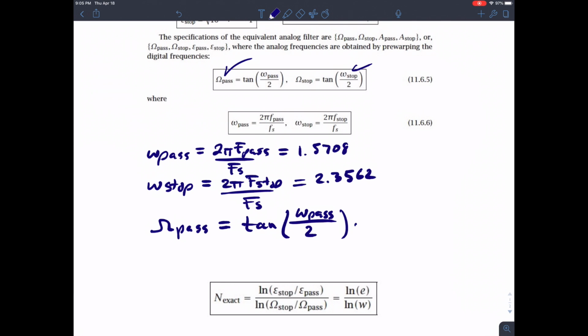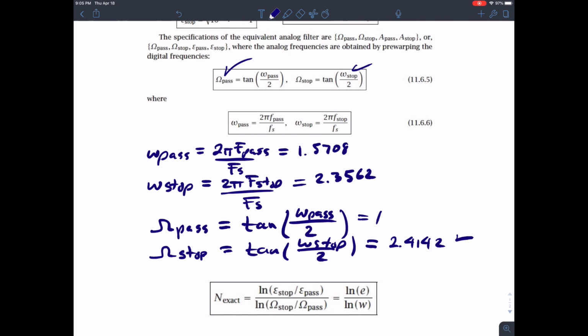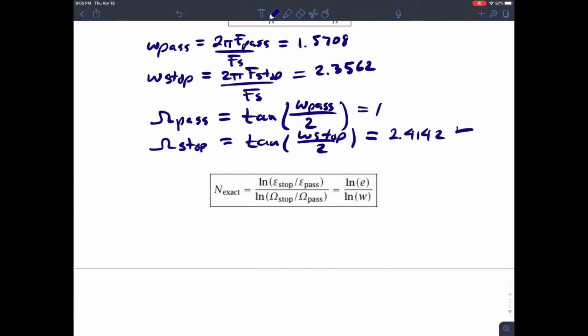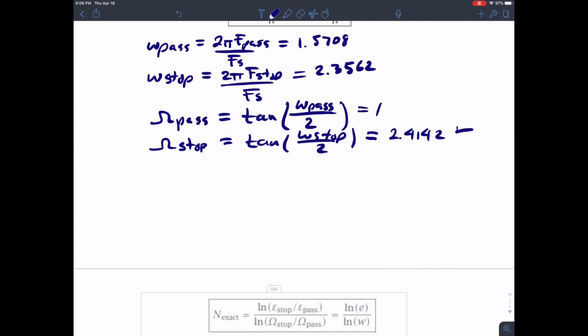I get capital omega pass to be 1. Then omega stop is calculated in a similar way, and I get capital omega stop to be 2.4142.